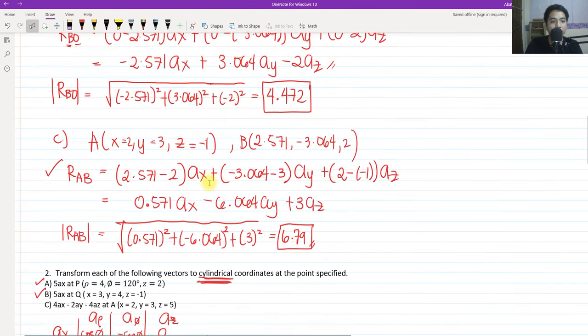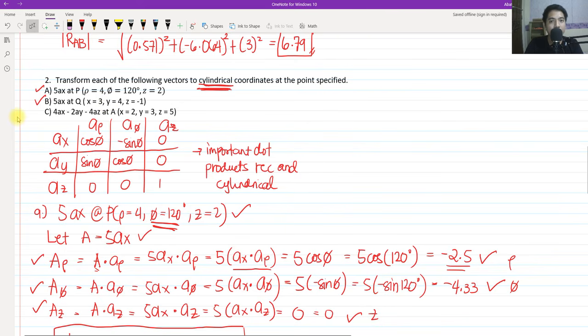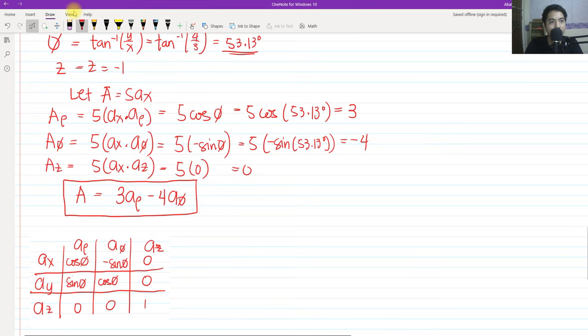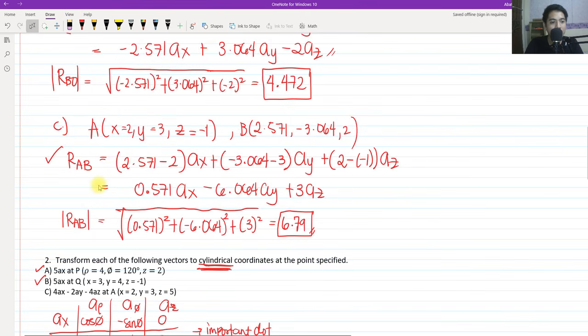So for number 3, we have to transform 4a_x minus 2a_y minus 4a_z at point A, where x equals 2, y equals 3, z equals 5, of course in terms of cylindrical.